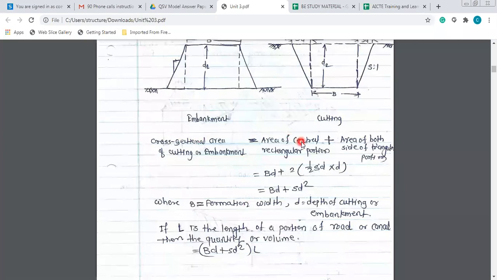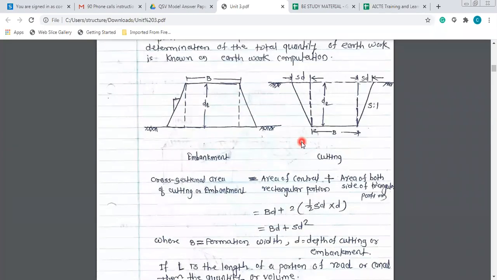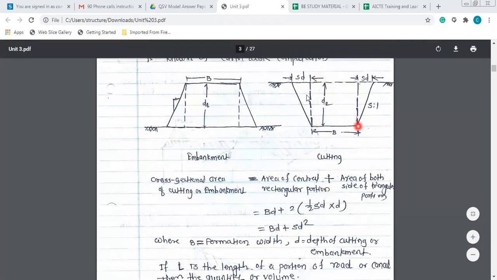Next is the calculation that we have to do. The first formula that you have to use: cross-sectional area of the cutting or embankment equals the area of the central rectangular portion, you can see my pointer, plus the area of both side triangular portions, the area of the first triangle plus the area of the second triangle.